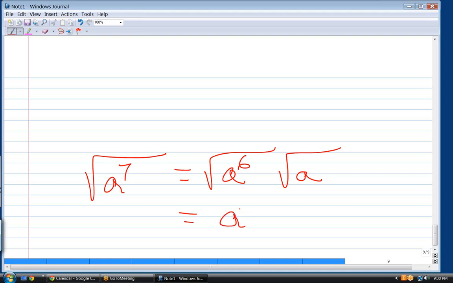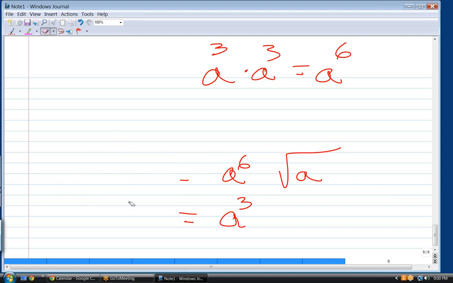It's just half of that exponent, a to the 3rd. You don't take an even number for the second. In other words, a to the 3rd times a to the 3rd is equal to a to the 6th. That's why for the square root of a to the 6th, you just cut the exponent in half. The square root of x to the 10th is x to the 5th.